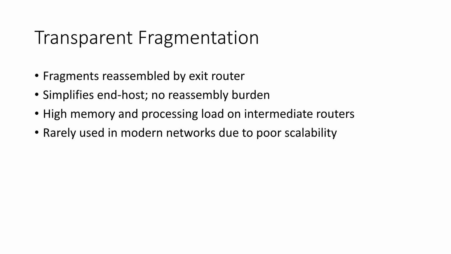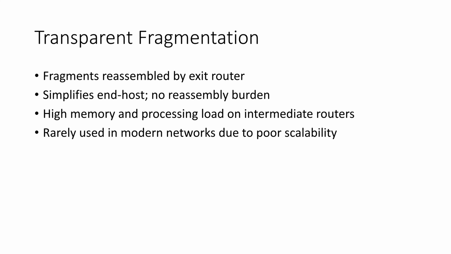Now, a few key details about transparent fragmentation. Fragments are reassembled within the network before exiting. Transparent fragmentation ensures the end host receives full datagrams, but there is a high processing load on intermediate routers, and this approach also requires routers to maintain fragment buffers, which can get very complicated under heavy traffic.